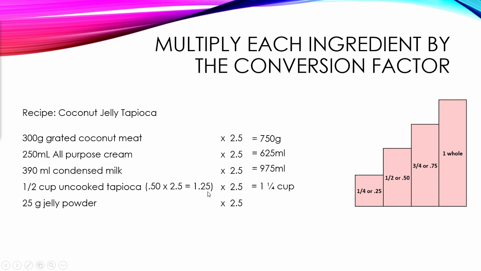Now, we don't have 1.25 cups, but we do have 1 1/4 cup. The 0.25 now will become 1/4. Next, 25 grams jelly powder multiplied by 2.5 is equivalent to 62.5 grams of jelly powder.